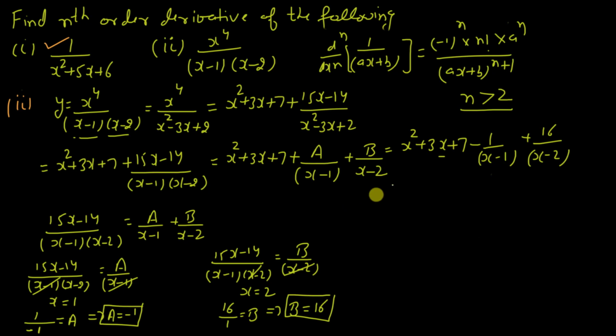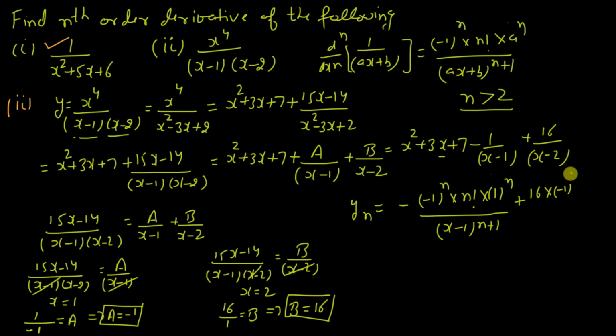So I am going to write yn is equal to the nth order derivative of this one. As such it will be minus 1 raised to the power n into n factorial into 1 raised to the power n by (x minus 1) raised to the power n plus 1, plus 16 into minus 1 raised to the power n into n factorial into 1 raised to the power n by (x minus 2) raised to the power n plus 1.